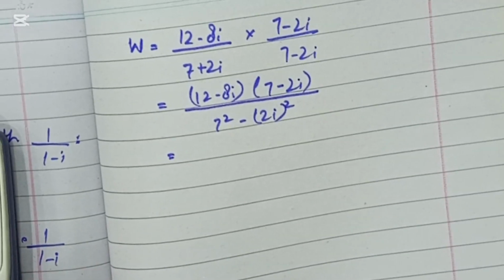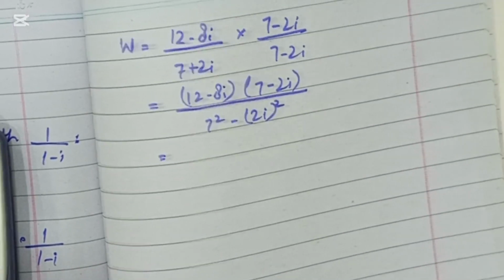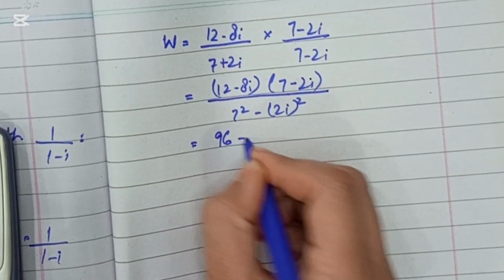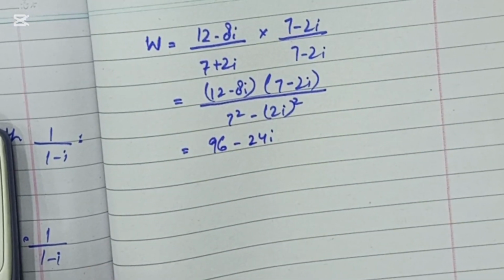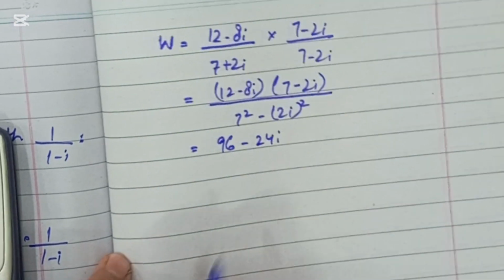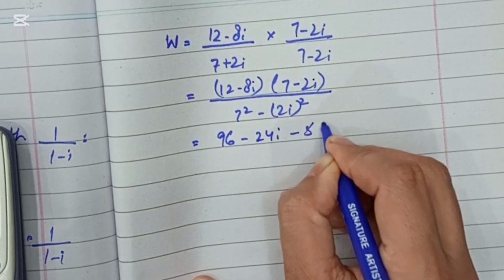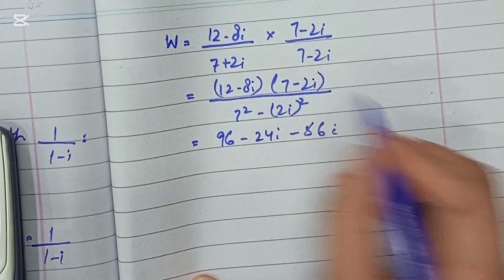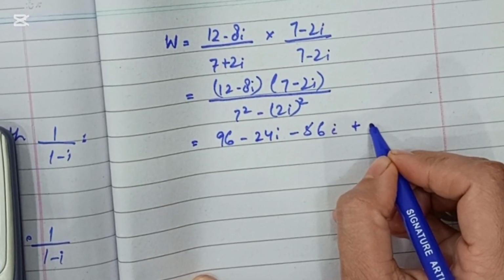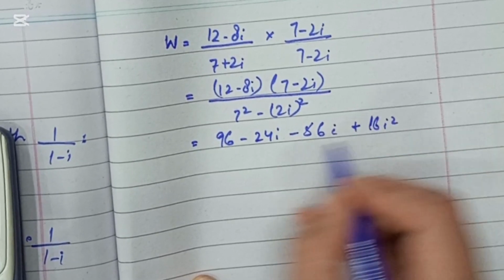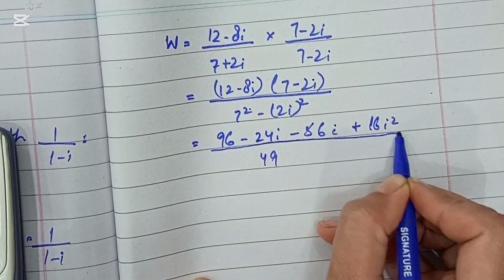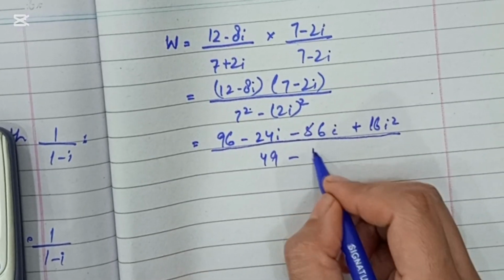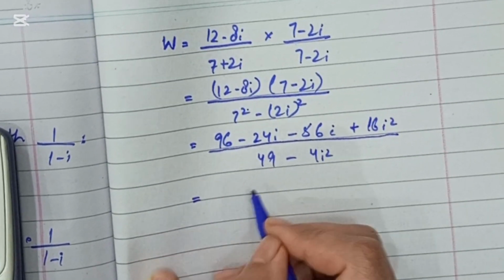We'll check, 12 into 8 is 96. 12 into 2 is 24. 8 into 7 is 56 iota. Minus into minus is plus. 8 into 2 is 16 iota square. It's 7 into 7. 7 into 7 is 49. Minus 2 into 2 is 4 iota square.